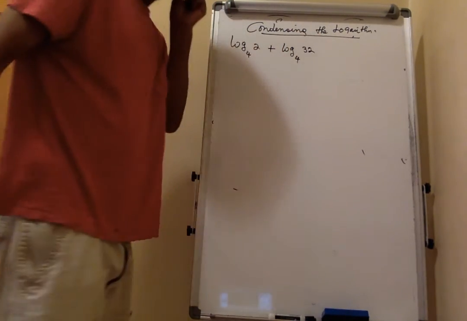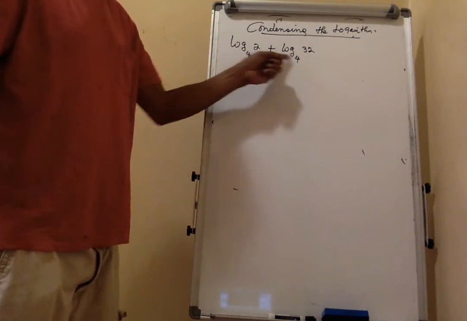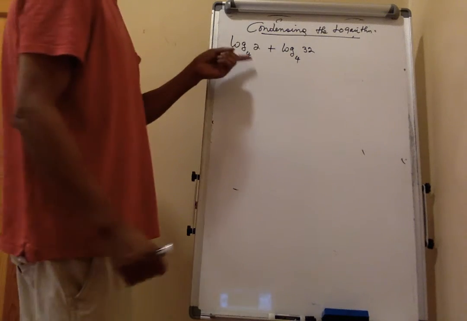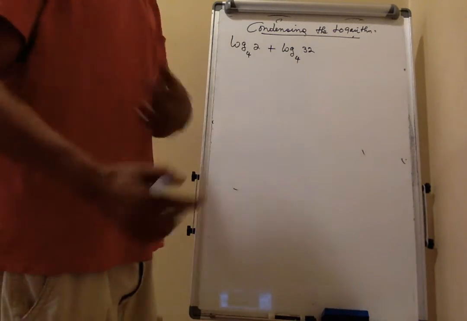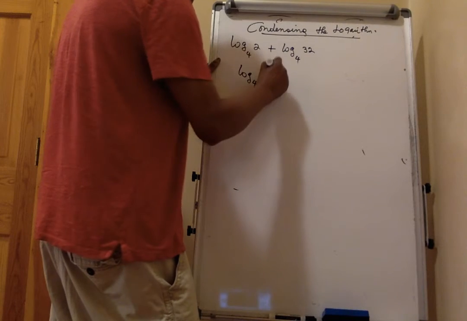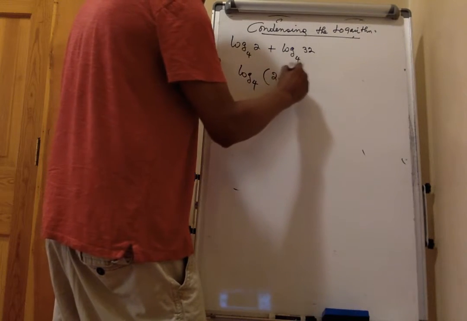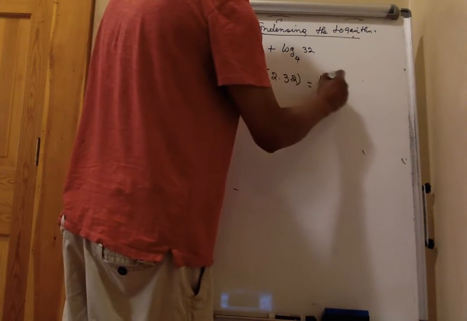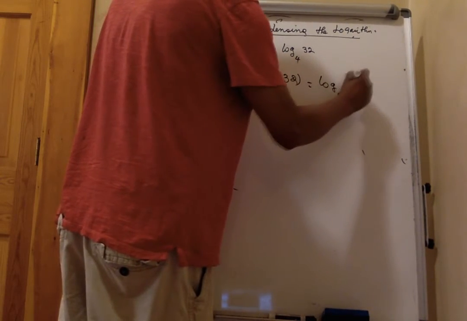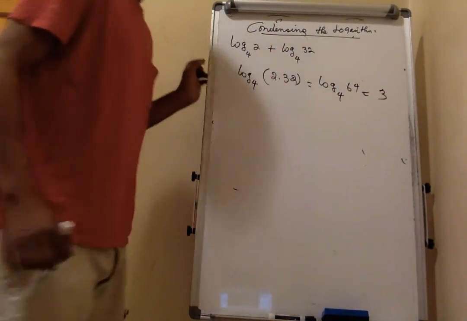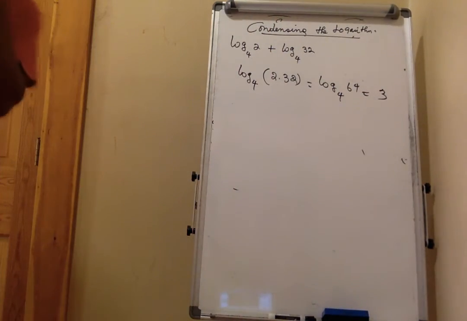Be careful when you do condensing the logarithm, you have to make sure the base is the same, otherwise you can't do it. So this is the product rule, so backwards. So this is what? Log 4 of 2 times 32. And 2 times 32 gives us 64. So this is the same as saying log 4 of 64. In fact, you can go ahead and solve it. You're going to get the number 3.